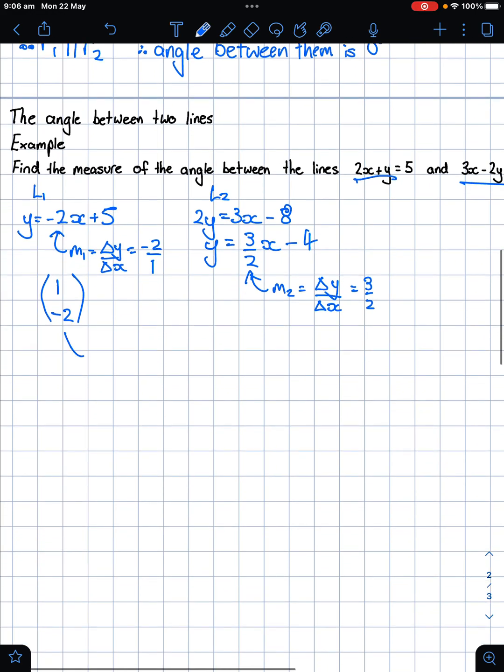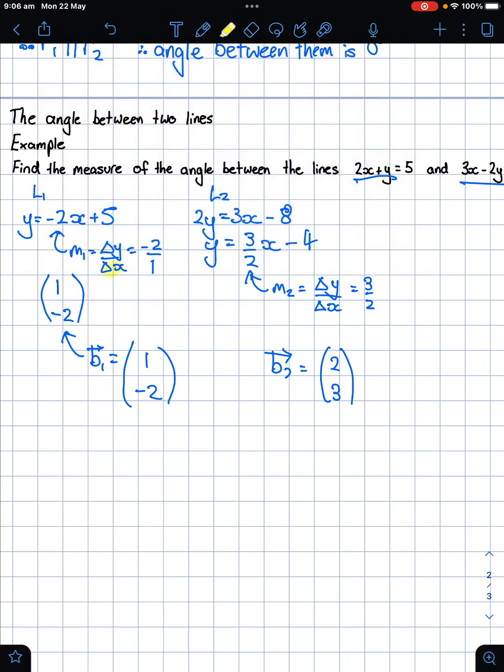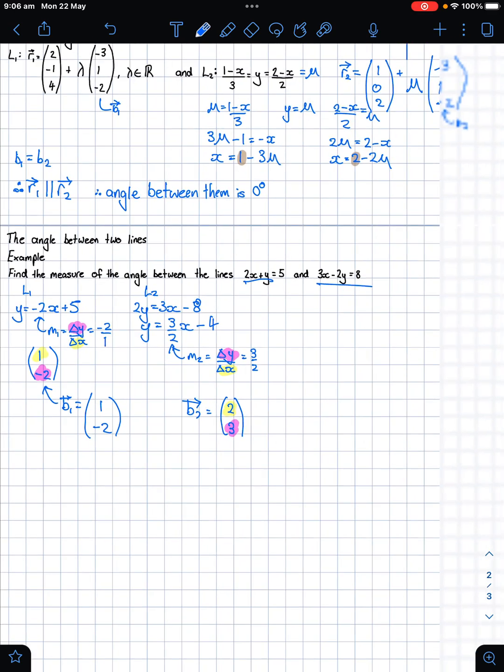So this is the vector B1, the direction vector of this line, given by 1 and negative 2. And this vector B2 is given by 2, which is our x component, over 3. So you're realising that x is that one, and y is that one. A little bit different from what we've done in lines so far. Once you've got them, we're going to solve them the same as we have previously.